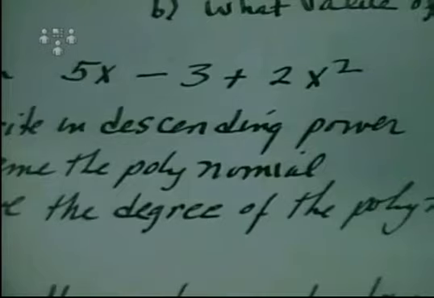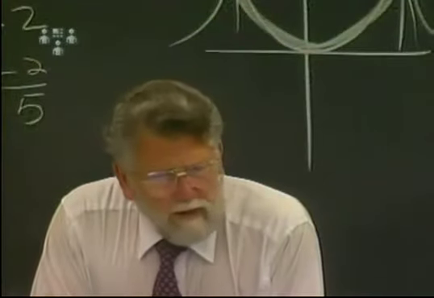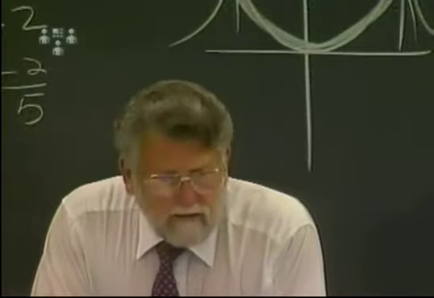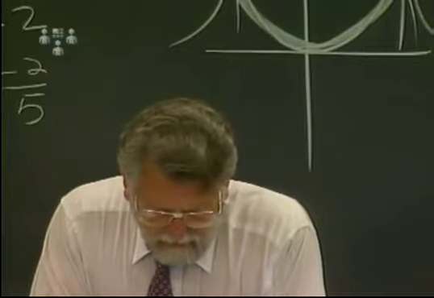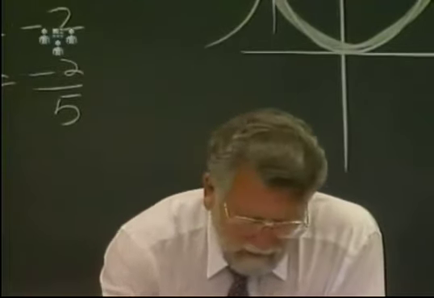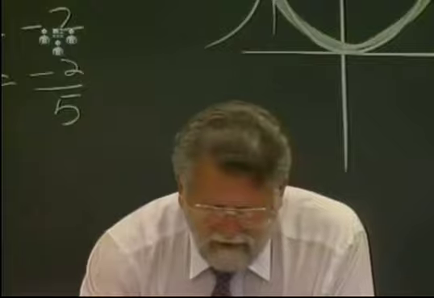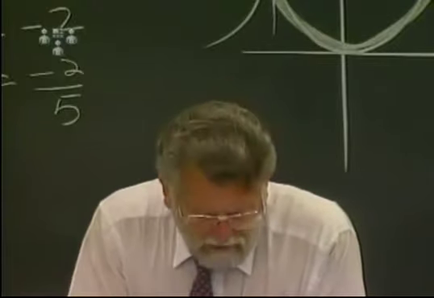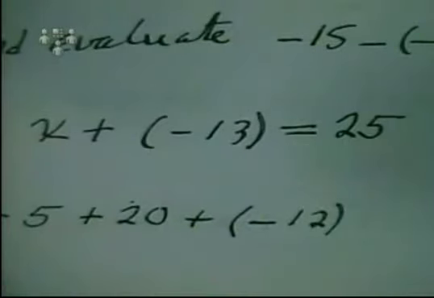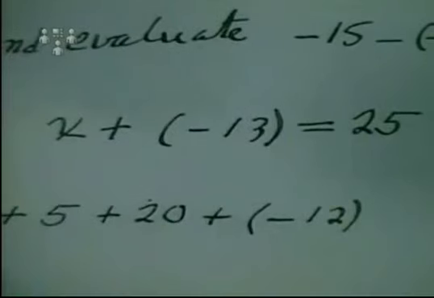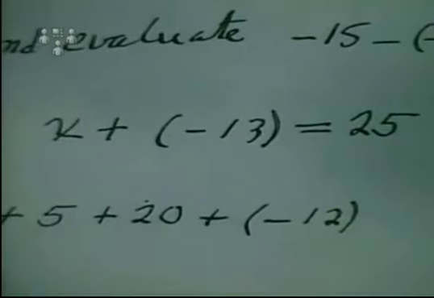Now, those two problems were very much related to what we've been doing. It becomes part of the vocabulary. And as we go down all the way in that first page of that test, here's the 9th problem, in which you have x plus negative 13 equals 25, or x minus 13 equals 25. You are solving an equation.